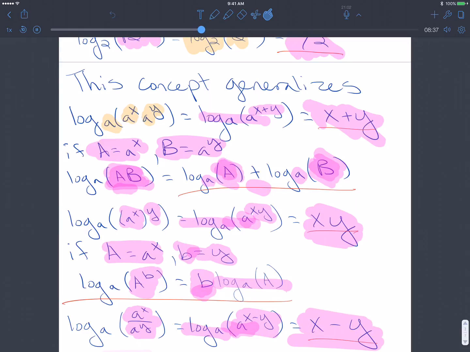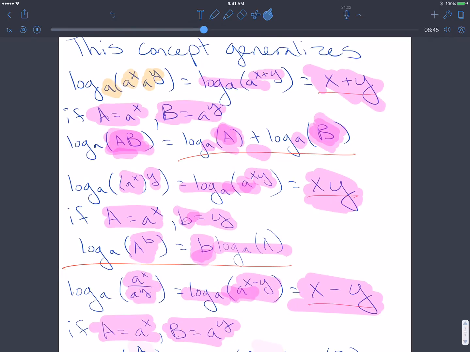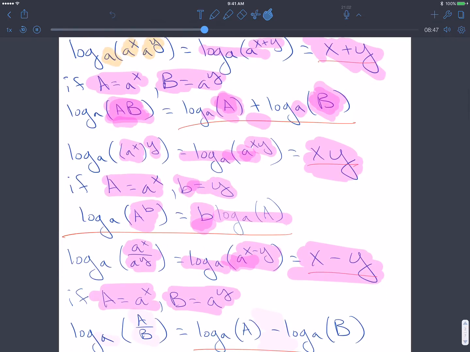So division translates to subtraction, which gets me, again, if I make the same assumption that I made for the multiplication, my big A and my big B, my log base little a of A over B becomes subtraction outside. Okay? So this is the generalization. We just did this with numbers, then we did it with a to the x's, and now I'm showing it to you in the general form that it is in the textbook.